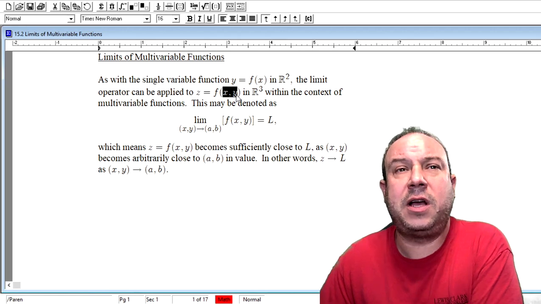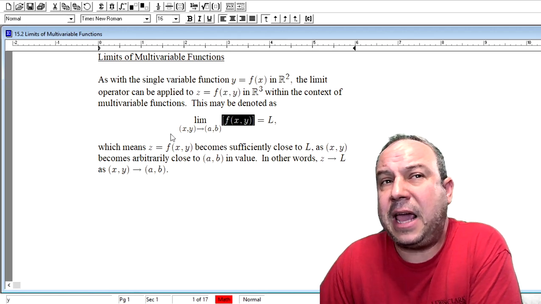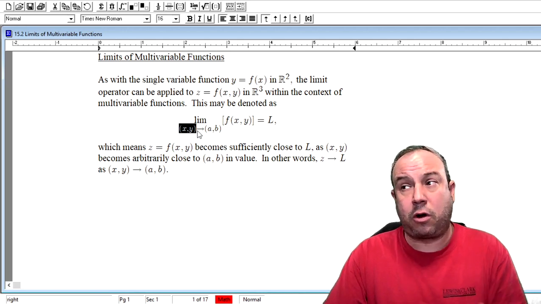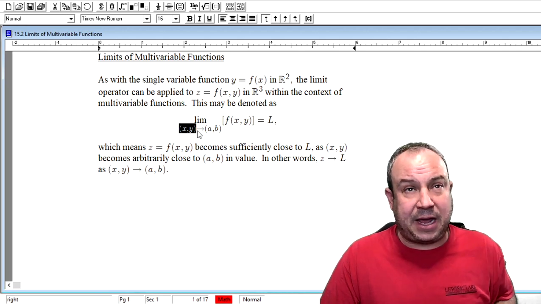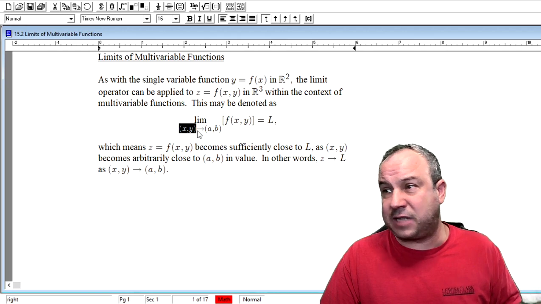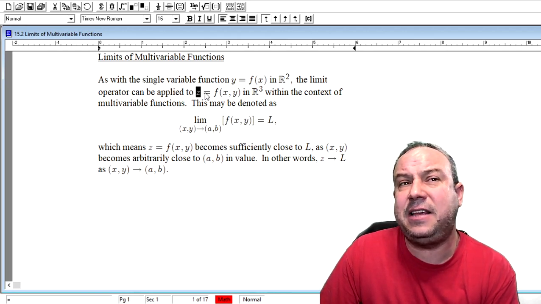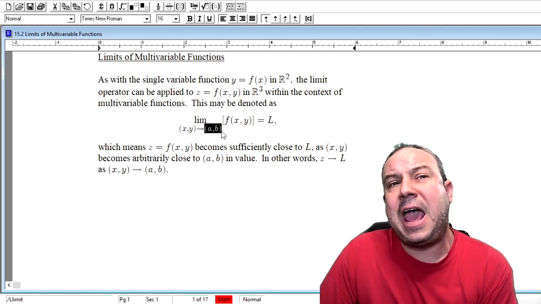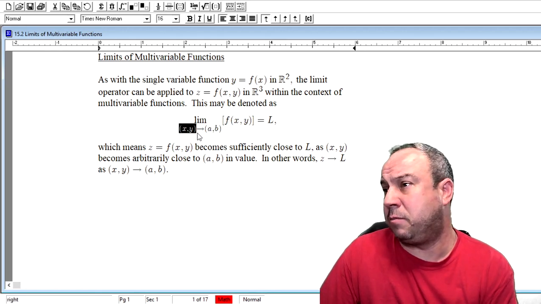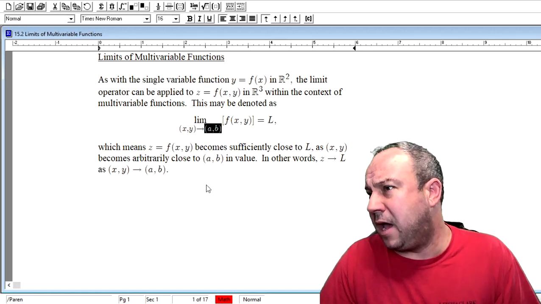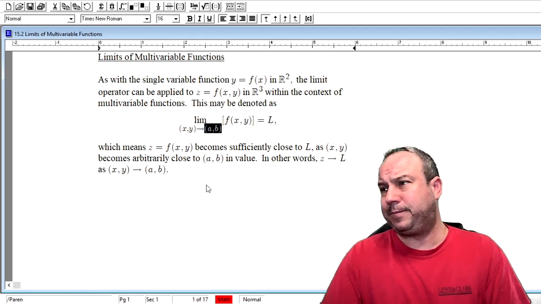Here we're going to explore the behavior of that independent coordinate in our domain, given by the values x and y, and look at the behavior of z, the output of our function, as that independent value given by x comma y approaches this value a comma b.